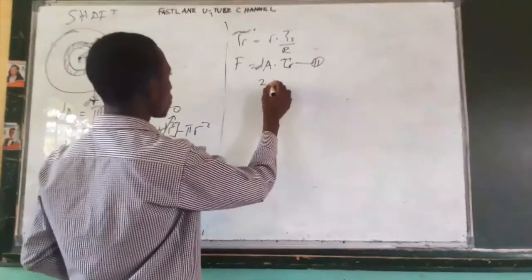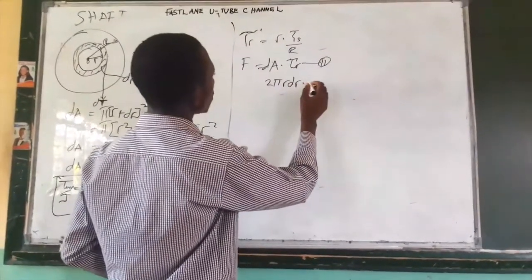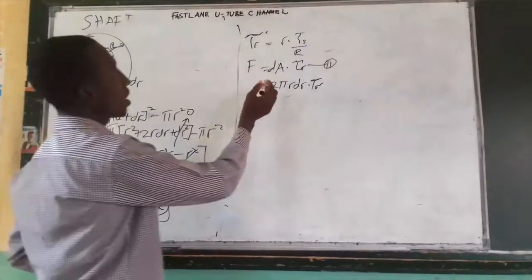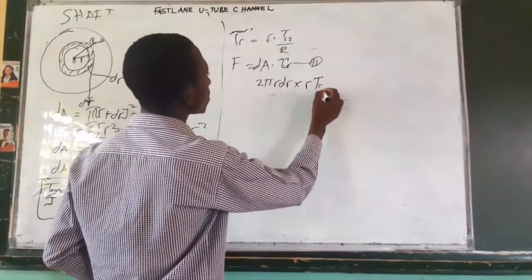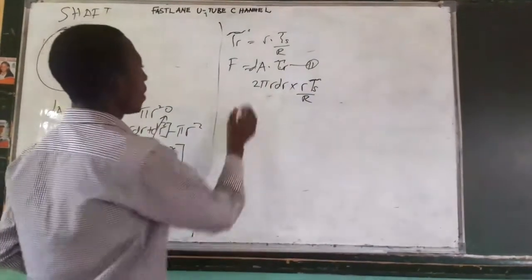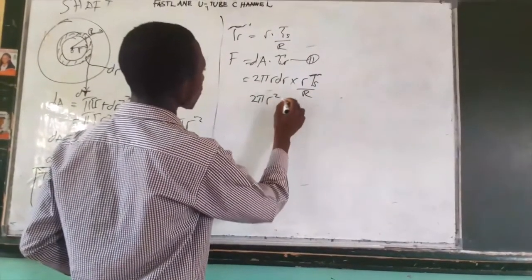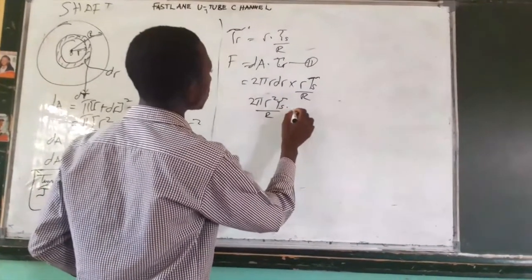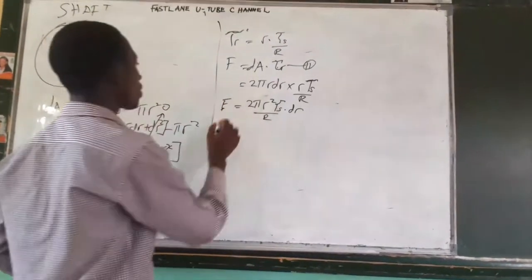For the area, it is 2 pi r dr, times the tangential stress on the element, and substituting for it, r times the tangential stress at the surface over R. We find that this becomes 2 pi r squared times the tangential stress at the surface over R, times dr. This is the tangential force acting.